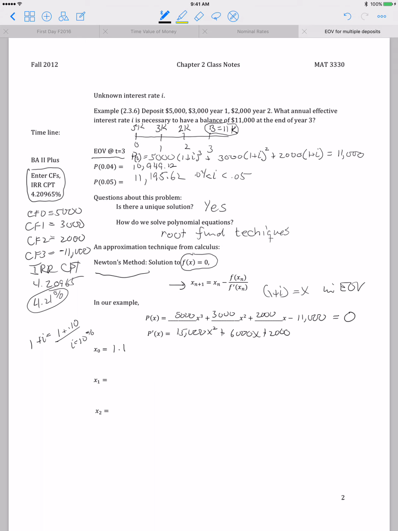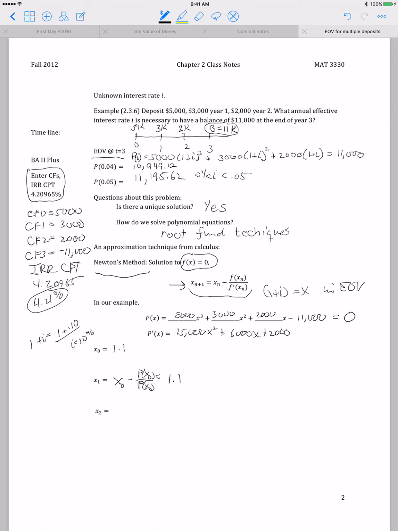So that's my initial guess. Newton's method will then give me the next guess through this recursion relation. So x1 is equal to x0 minus p x0 over p prime x0, according to Newton's method.